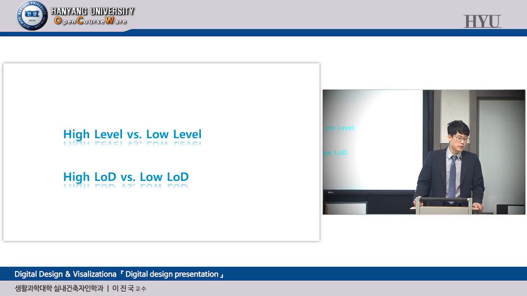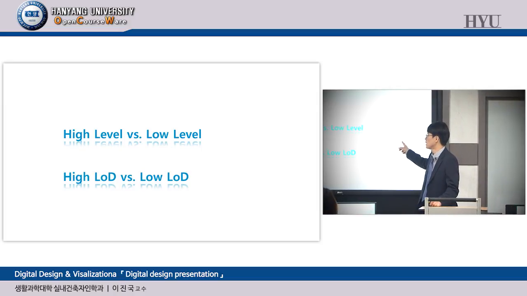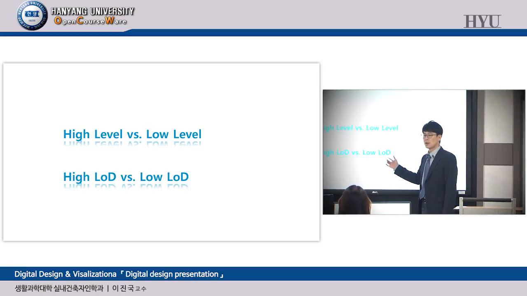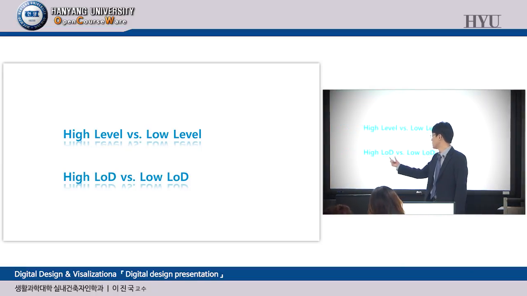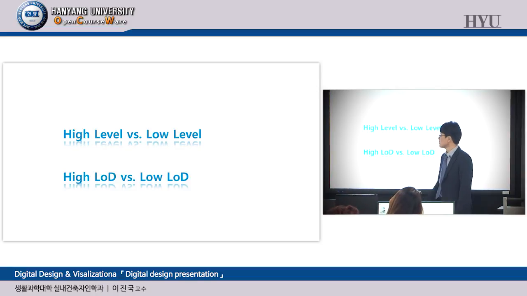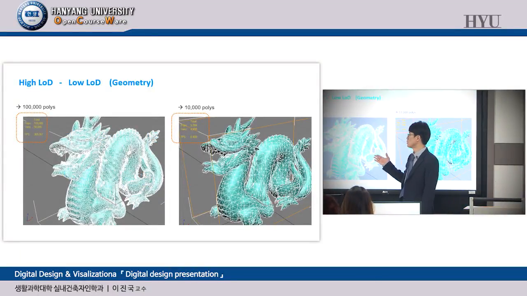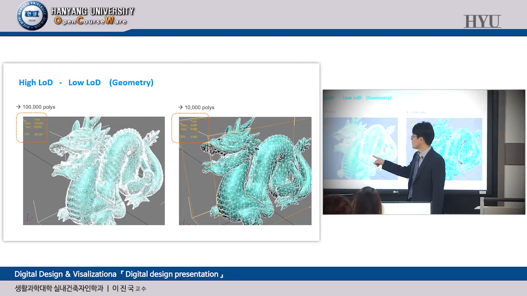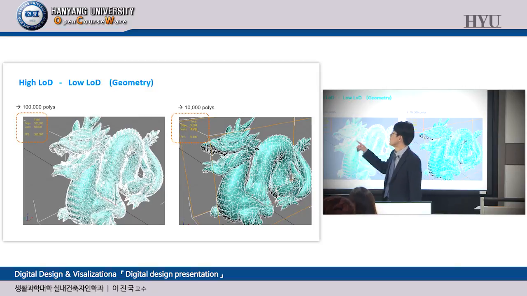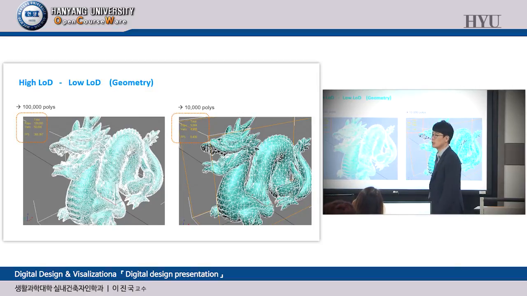Okay, before reviewing the course, I'd like to show you this one again. There is a concept, high level versus lower level, and another concept, another comparison between high LOD, low LOD. LOD means level of detail, okay? So what is LOD? Simply, we experienced this one 2 weeks ago. Take a look. This is the original file of Stanford Dragon, which has 100,000 polygons.